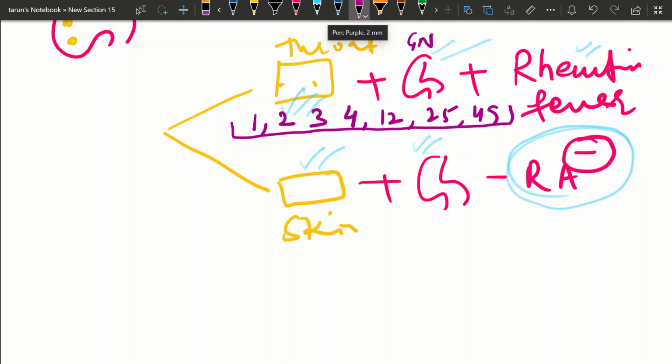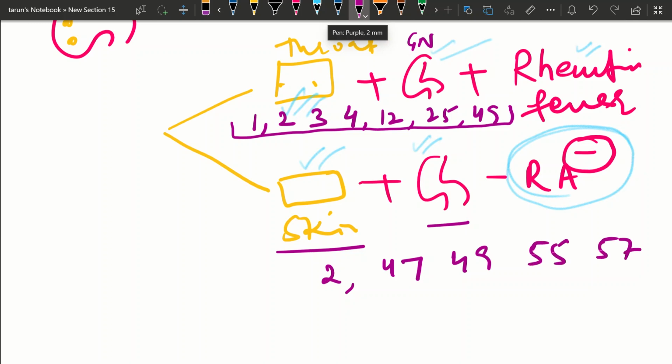And the strains which only affect the skin and the kidney include 2, 47, 49, 55, 57 and 60. So the higher number strains usually involve the skin and the kidneys, while the lower number strains, 1, 2, 3, 4, involve the throat and can cause rheumatic fever. Very important: the lower number strains cause rheumatic fever, whereas the higher number strains don't.